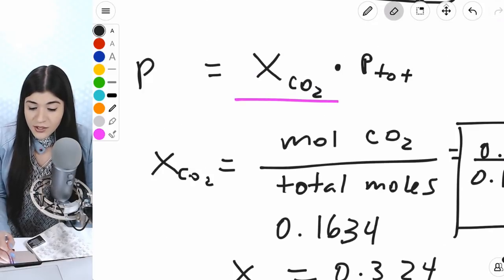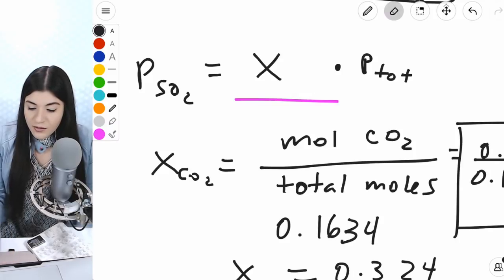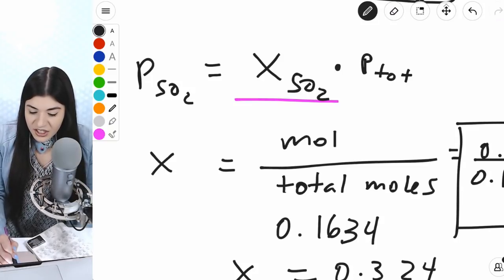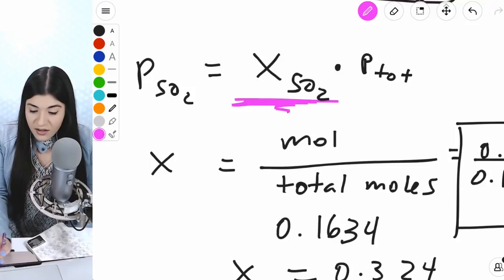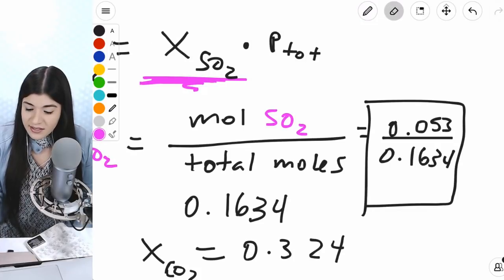So instead of CO2 here, you would have done SO2, and you would have found the mole fraction of SO2 as well. Here, all that's really going to change is pretty much just this part. Since this is SO2, you're just going to put the moles of SO2 that we found, still divided by the exact same total moles. That's not going to change.